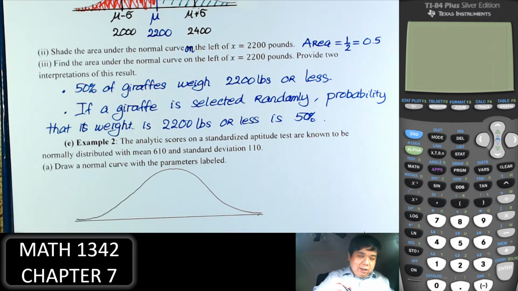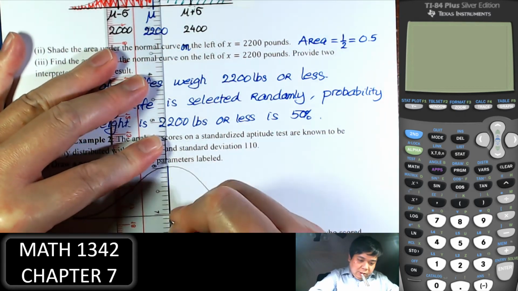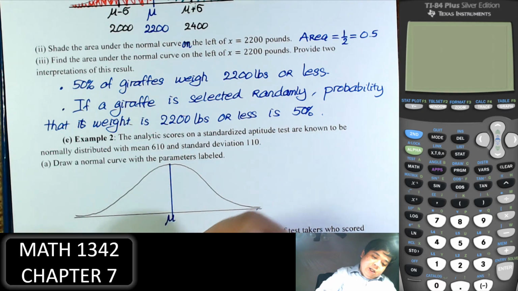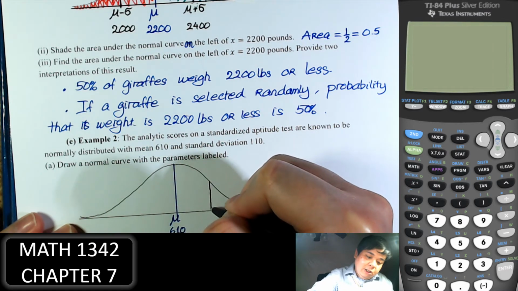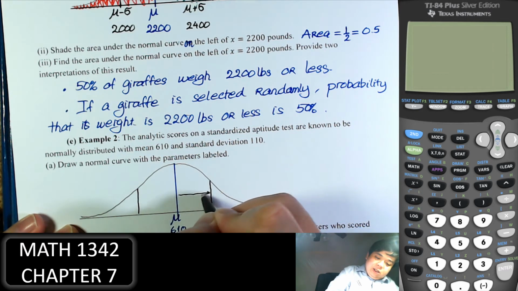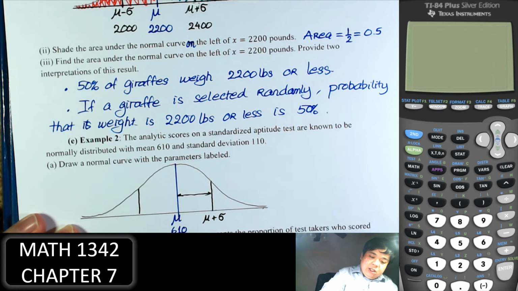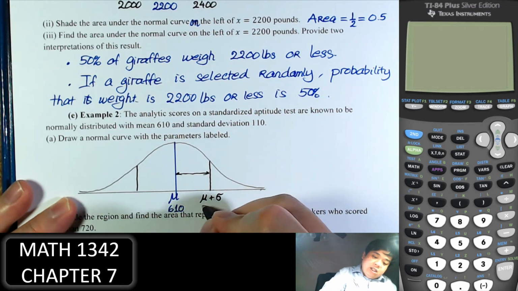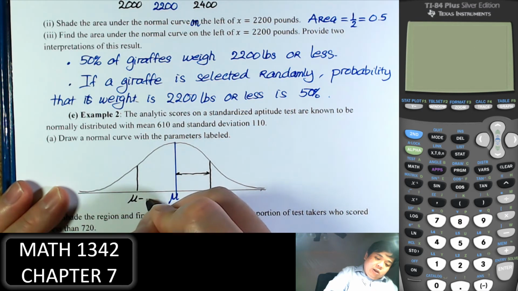So the mean is 610. The standard deviation is 110 away from it. So if we add one standard deviation, 610 plus 110, that's 720, and subtract one standard deviation, that will be 500.